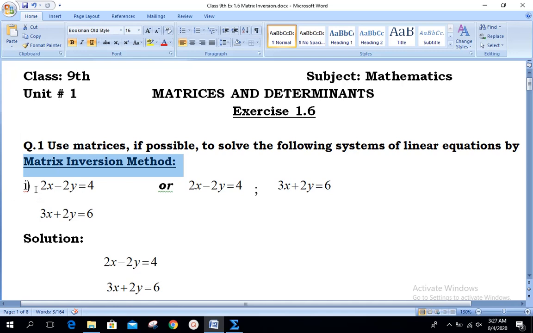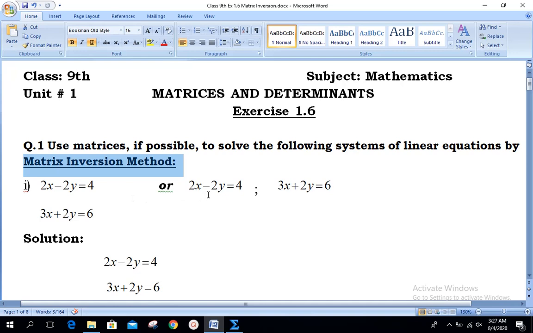Moving ahead towards the first part, the equations are 2x minus 2y is equal to 4, 3x plus 2y is equal to 6. Our viewers, the question may come in this horizontal frame, or it may come in this vertical frame. If it is already in the vertical frame, then it is easy for you, go ahead and keep on working until you reach your final step.